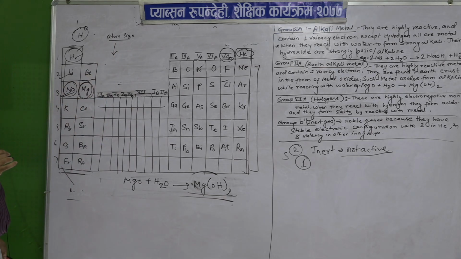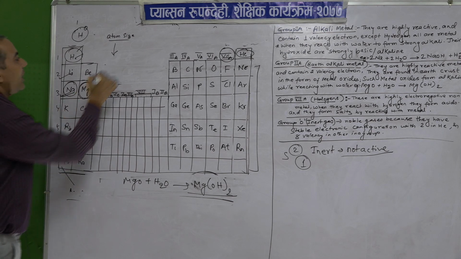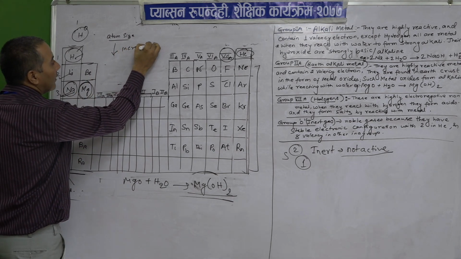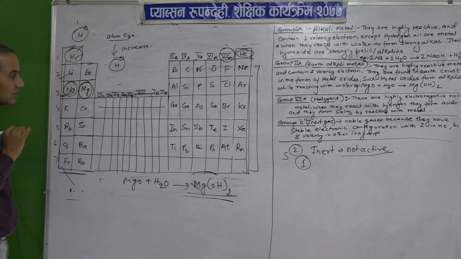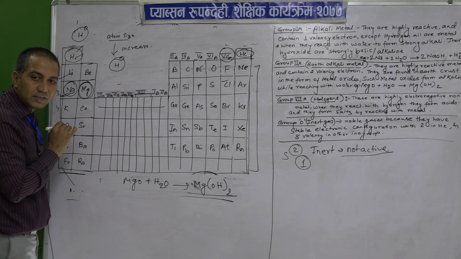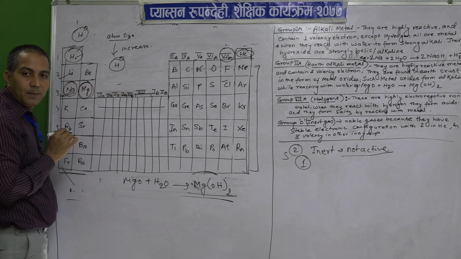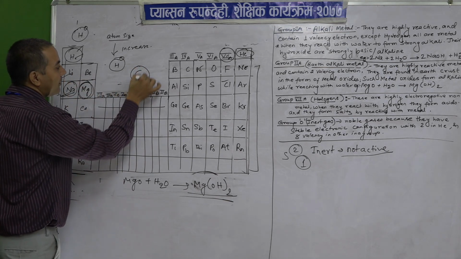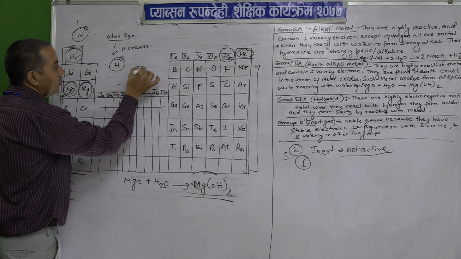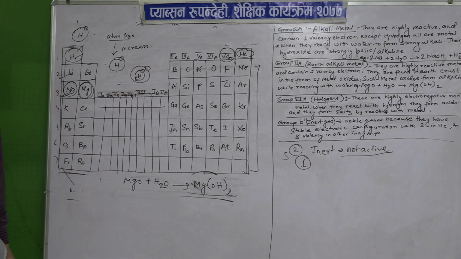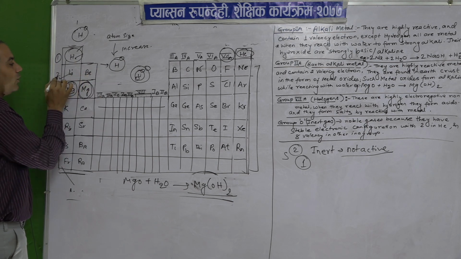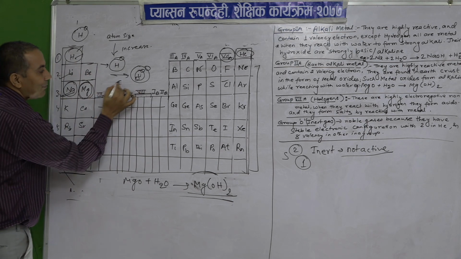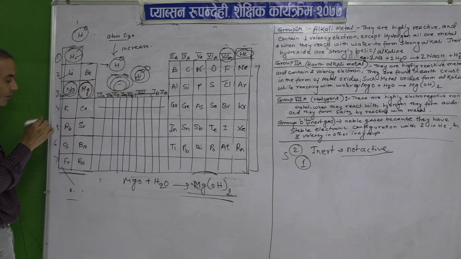What happens? It will increase. Why increase? Because hydrogen has 1 electron in the outermost shell, this is the first shell. Then lithium, how many shells? 2 shells. Then size will increase. Then third, we remember that 1 will have 1 shell, 2 will have 2 shells, 3 will have 3 shells.